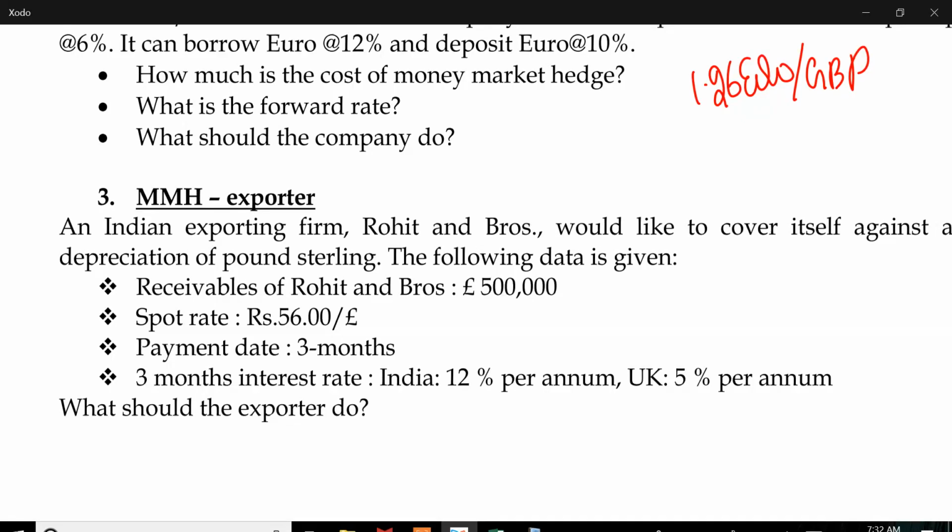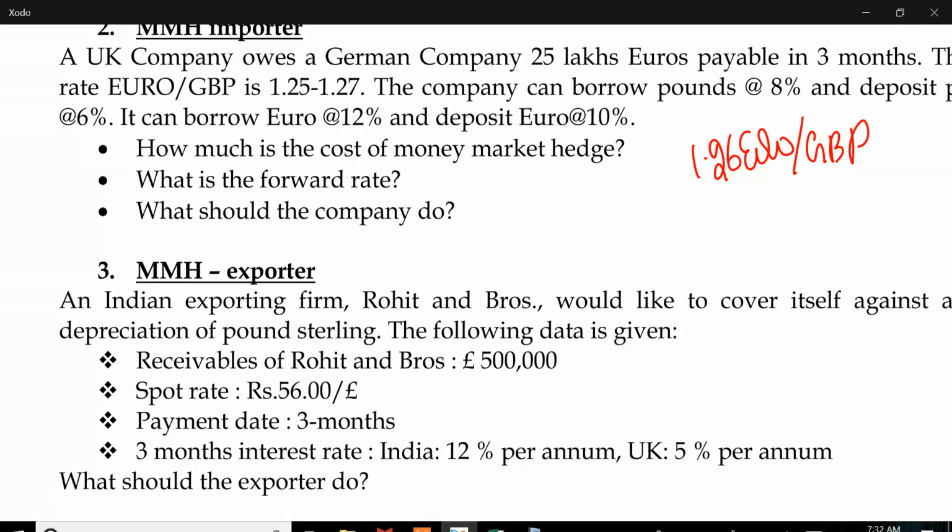Next point. If the company believes that expected spot rate can be more than euro 1.2561 per GBP, then it should keep the exposure open.